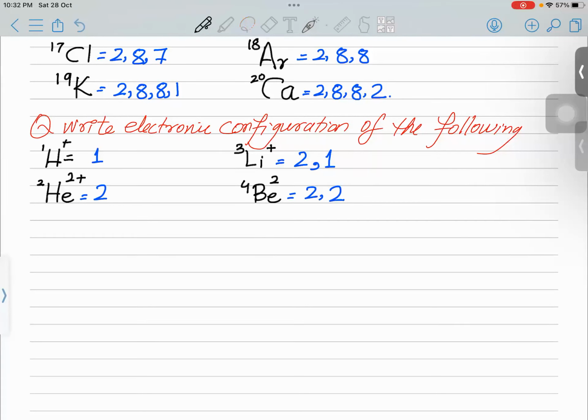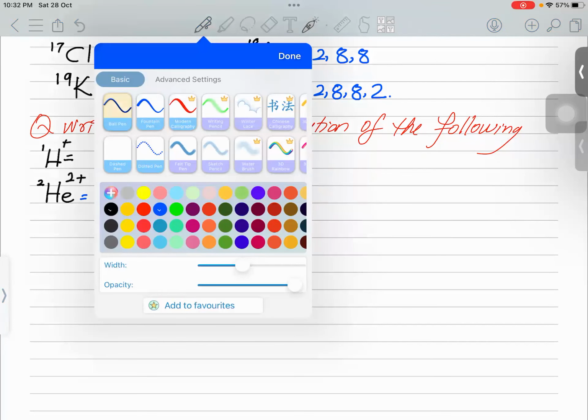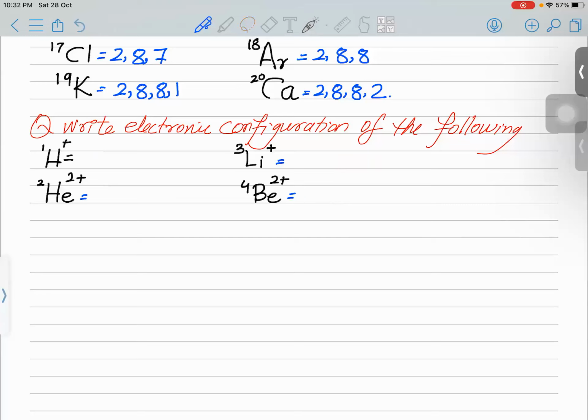Lithium is plus. Beryllium is 2. Now tell me the electronic configuration. For hydrogen, it's 0. For helium, it's also 0. Lithium is 2. Very good. And beryllium is also 2.